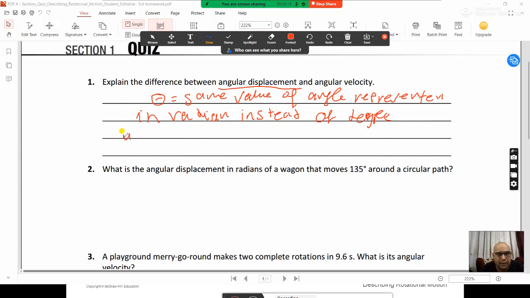And the angular velocity is the change in angular displacement by time.